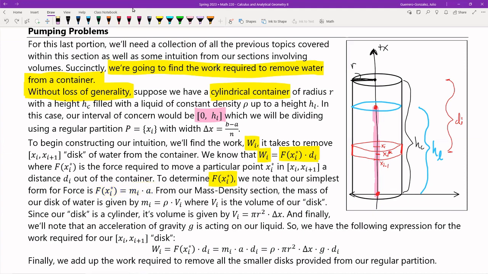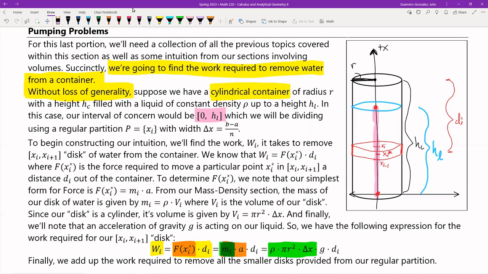Now here comes the clumping up of everything that we just did. Our work from the beginning is some f of x_i times d_i. The d_i will stay. The f of x_i is given by some mass times the acceleration, and our mass is given by the volume times its density.